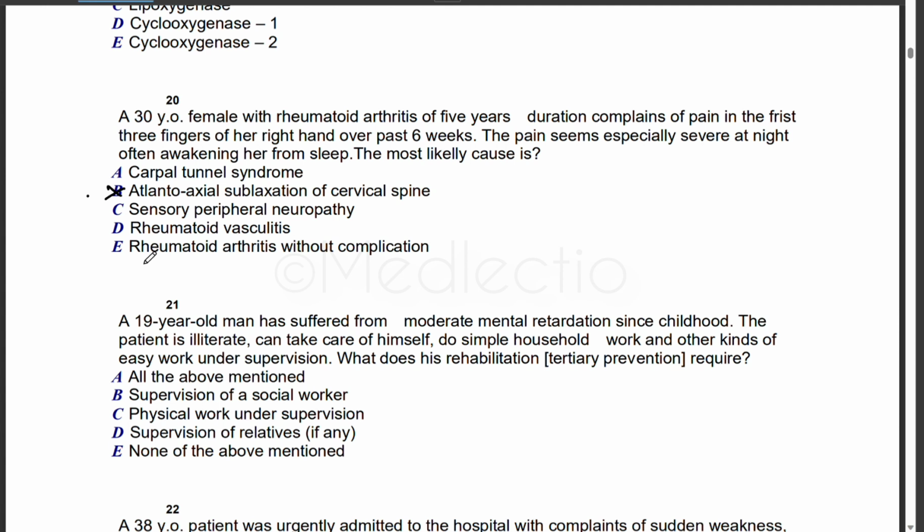In rheumatoid arthritis, it is not limited to the first three fingers. Rheumatoid vasculitis, no symptoms of vasculitis here. Sensory peripheral neuropathy will not only involve three fingers. So left only carpal tunnel syndrome.